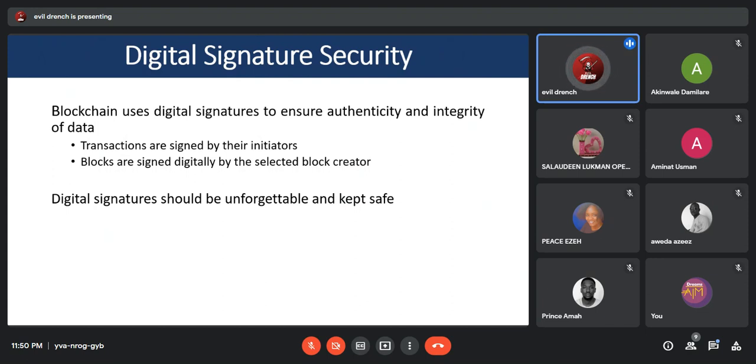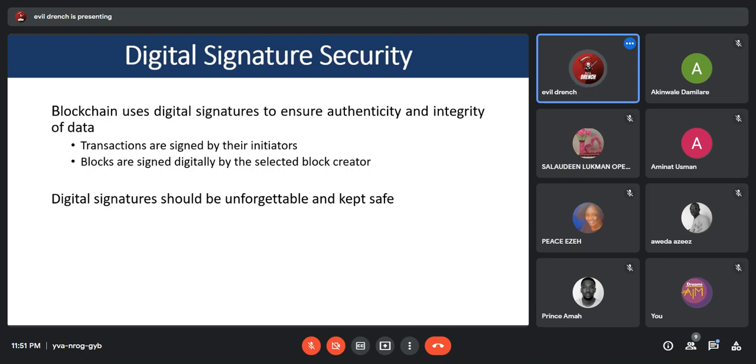So digital signatures should not be forgeable. You need to keep your digital signature very, very safe. Digital signatures verify your transaction and block integrity. It should be impossible to forge, right? Let's say you have 100 ether in your Ethereum wallet. I'm very sure you don't want to forget your digital signature, right?